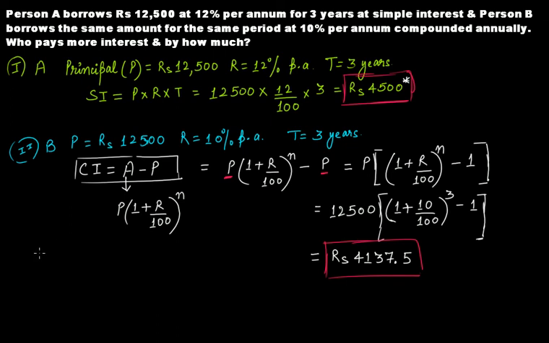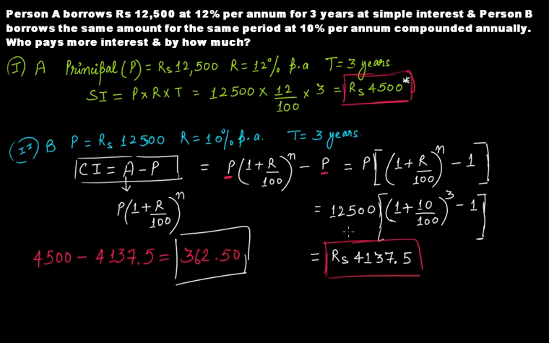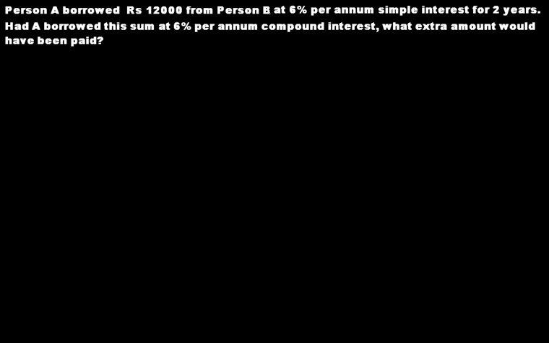So 4500 minus 4137.5 will give you 362.50. This is the extra amount that person A pays in this case.